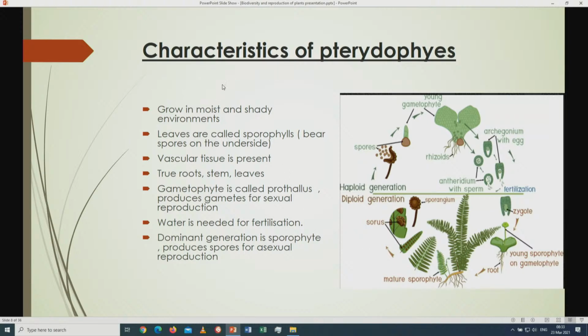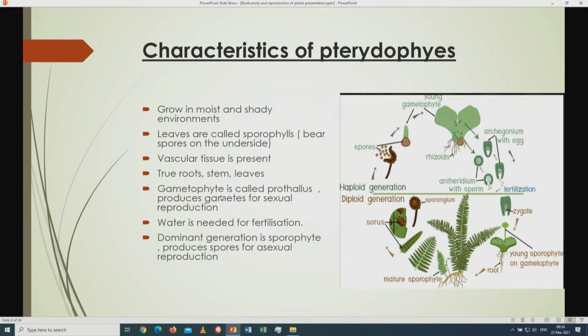Coming to the characteristics of the pteridophytes, they grow in moist and shady environments. The leaves are called the sporophylls because they produce the spores on the underside. The vascular and strengthening tissues are present. Pteridophytes have true roots, stems, and leaves.